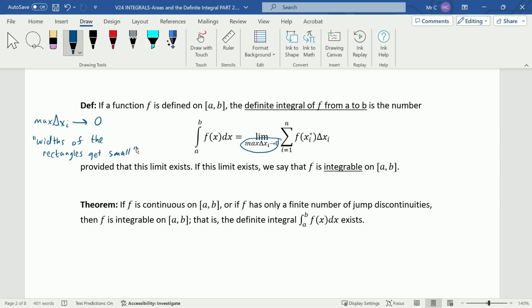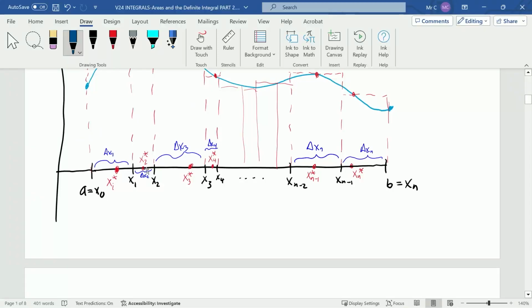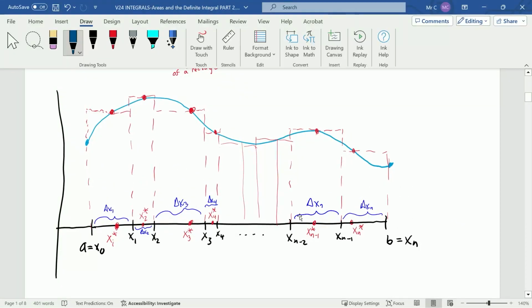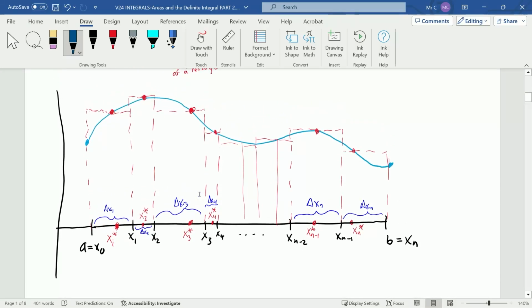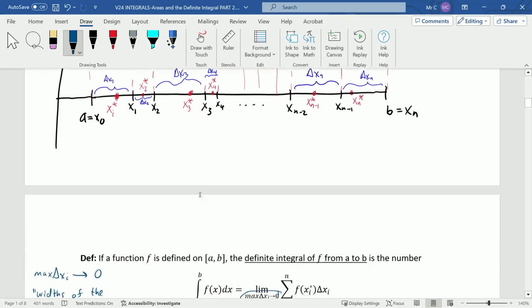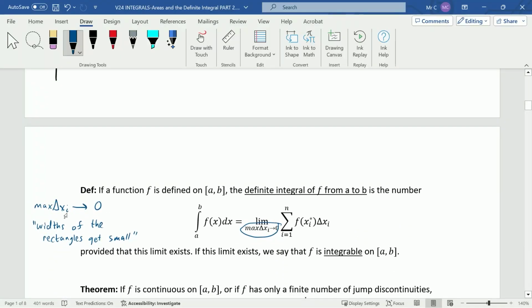The reason we describe it this way, instead of saying the number of rectangles is going to infinity, is because we're allowing our breakdown of rectangles to be in any form that we want. And so we want to be able to guarantee that the rectangles get smaller. If the maximum delta x sub i goes to 0, that forces you to use more rectangles for the approximation, but it also ensures that each rectangle gets smaller.